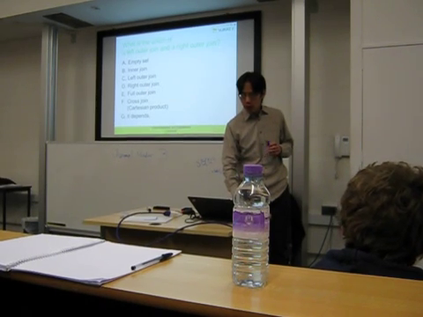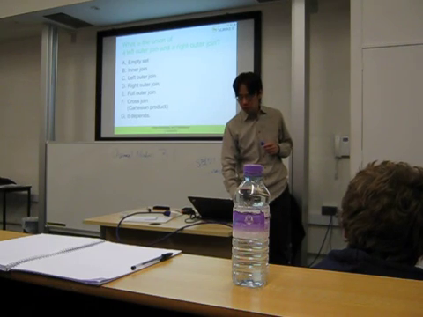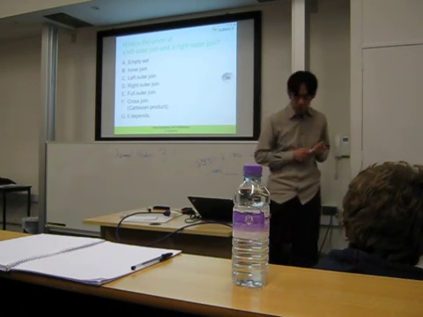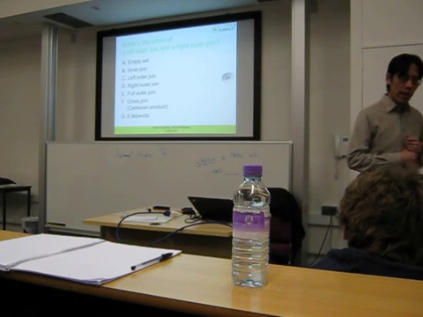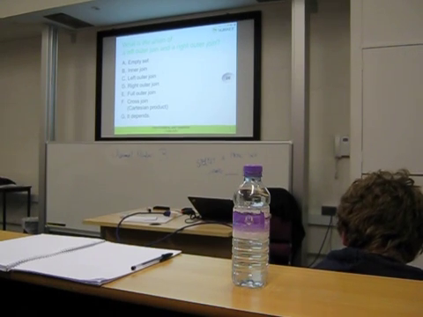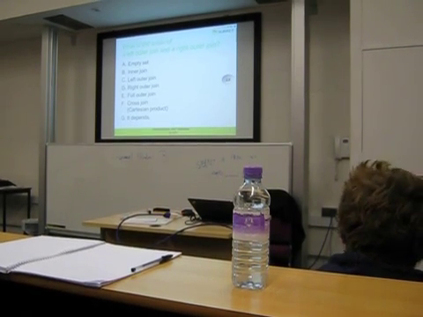Next one, left outer join and right outer join. If you put the union of those two, what would that be? The set union of left outer join and right outer join.